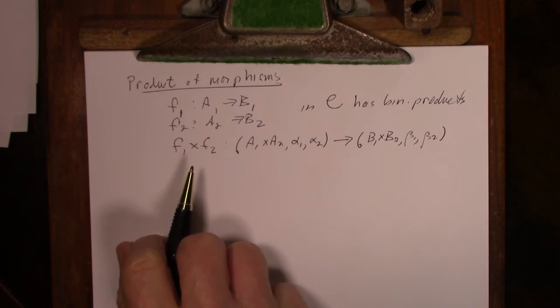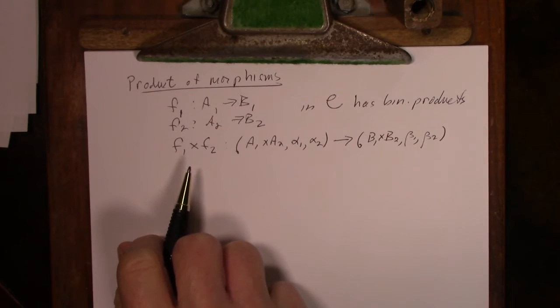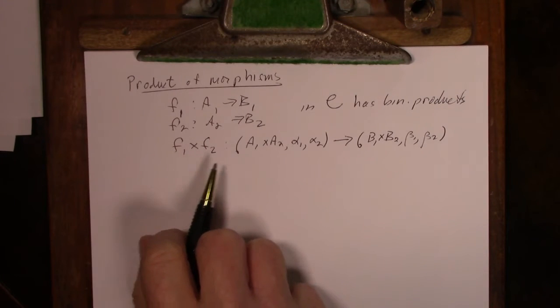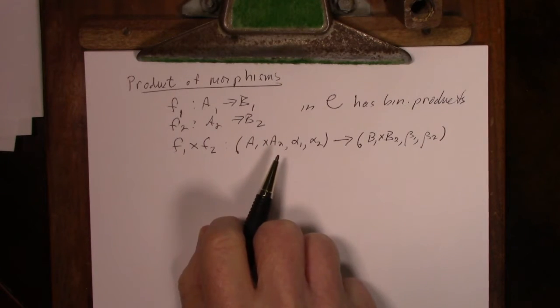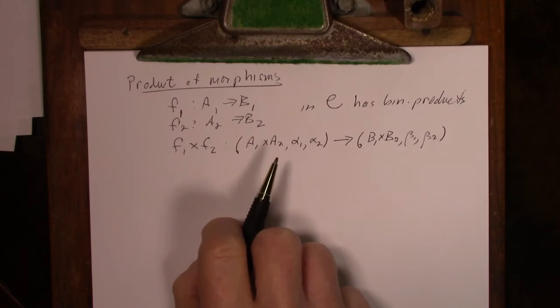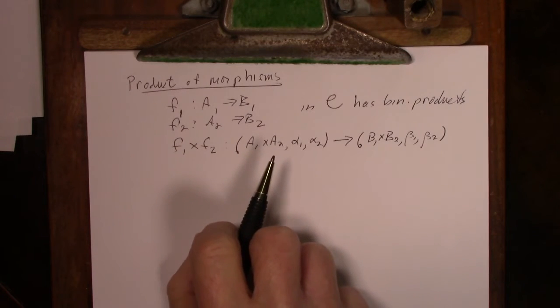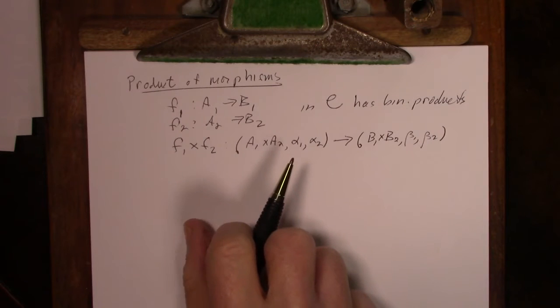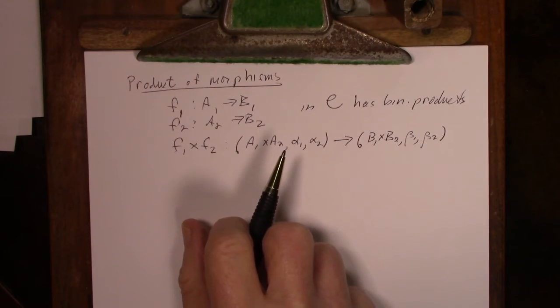It's common practice, although kind of sloppy, to simply write let A cross B be the product of two objects. You can't define the product without the projection maps. Obviously that's critical to the definition, but sometimes we get a little sloppy and just talk about them.